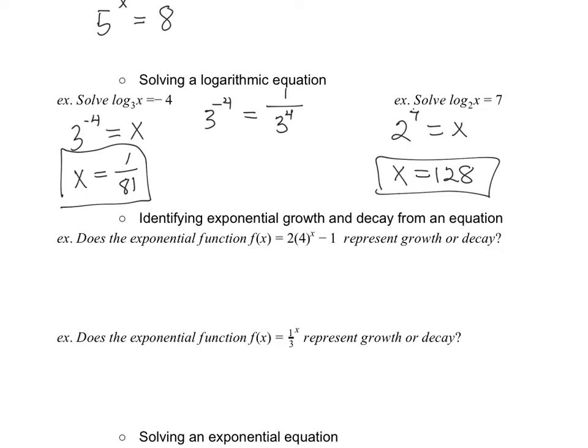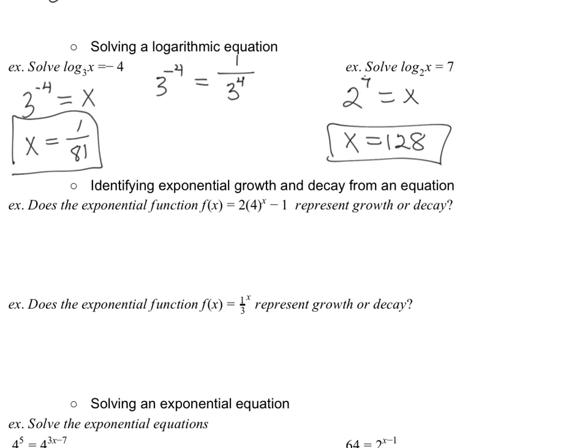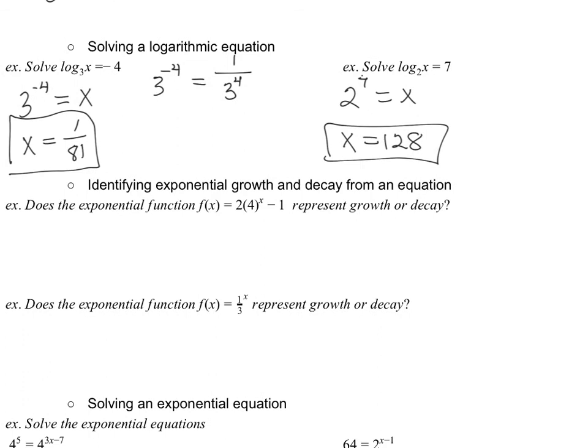Next, we want to be able to identify a function as exponential growth or decay. So we have our function f of x equals 2 times 4 to the x minus 1. So if you're trying to determine growth or decay, you go based off the general equation, so y equals a times b to the x, and we mostly care about b.